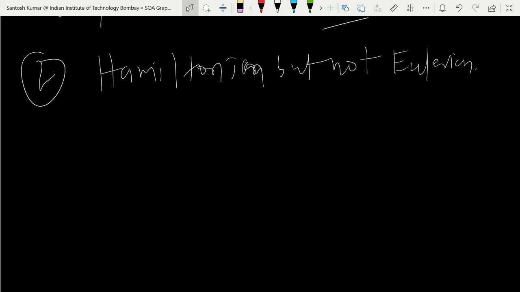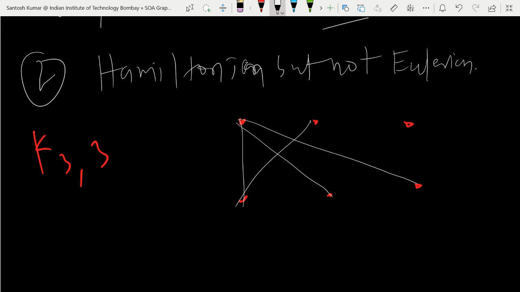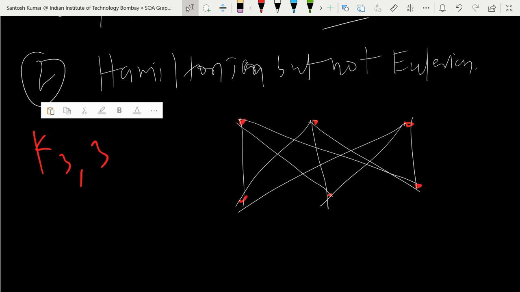Sir, K3,3. K3,3, okay, we can check. K3,3, you know that this is Hamiltonian. Yes, K3,3 is Hamiltonian.